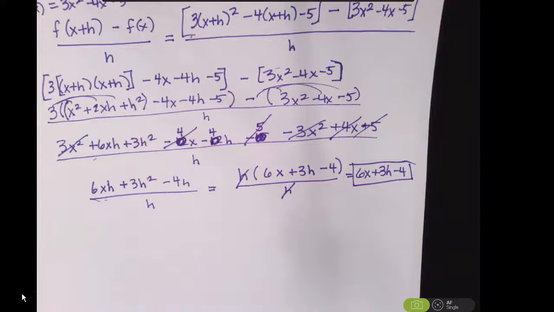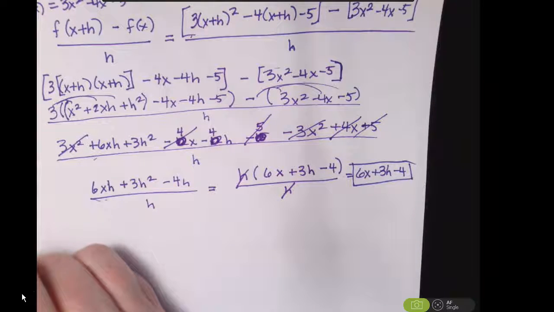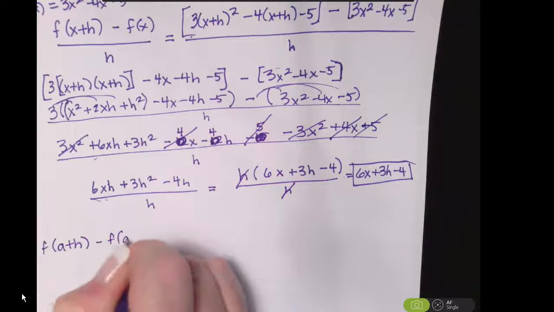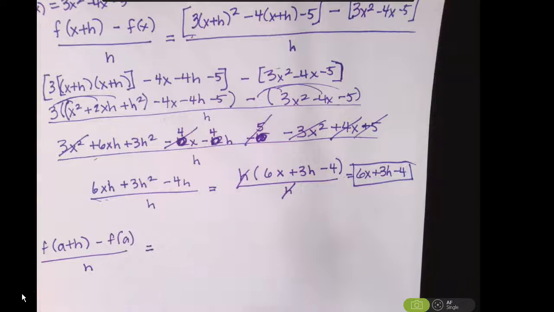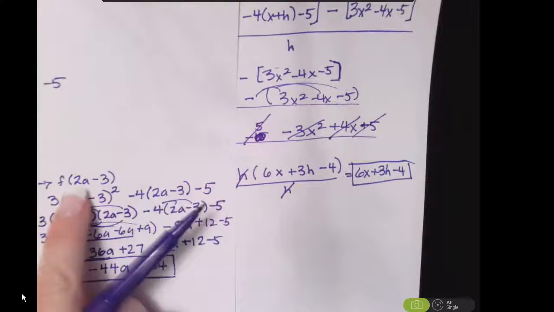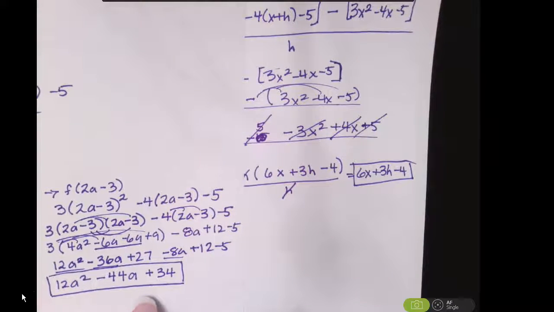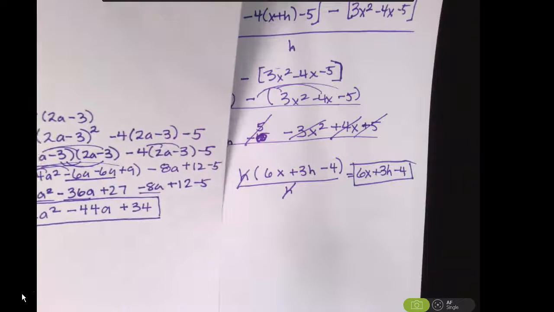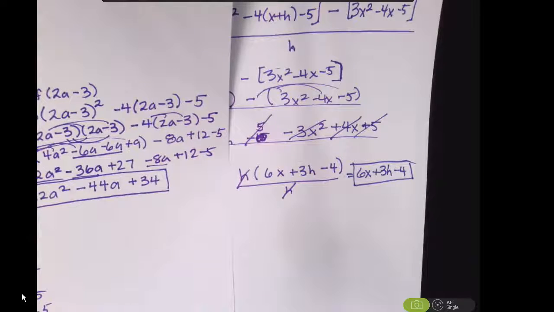So let's try another example, and let's use one of the other ones. Let's do f of a plus h minus f of a all over h. And to do this one, I'm going to use some of the work that I used on my last page. So over here, well, did I do a plus h? So I didn't, but it's going to be the same as x plus h.